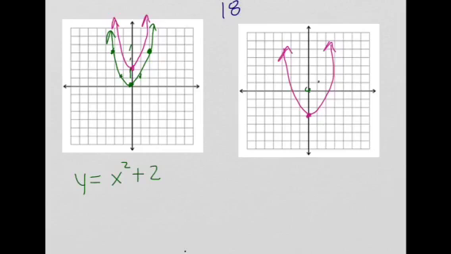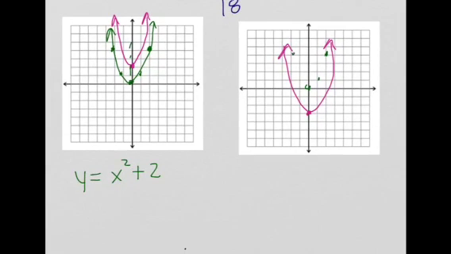Again, if we look at our parent function, and we're looking to see what's happened to our parent function, here's where our parent function would be, and you're noticing that y is equal to x squared. It's moving up and down on the y-axis, so it's going to be minus 1, 2, 3. Minus 3 moves that whole parabola down 3.